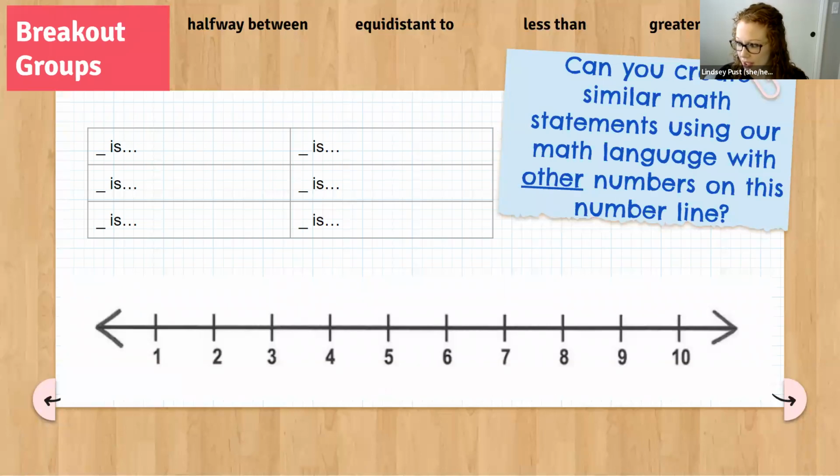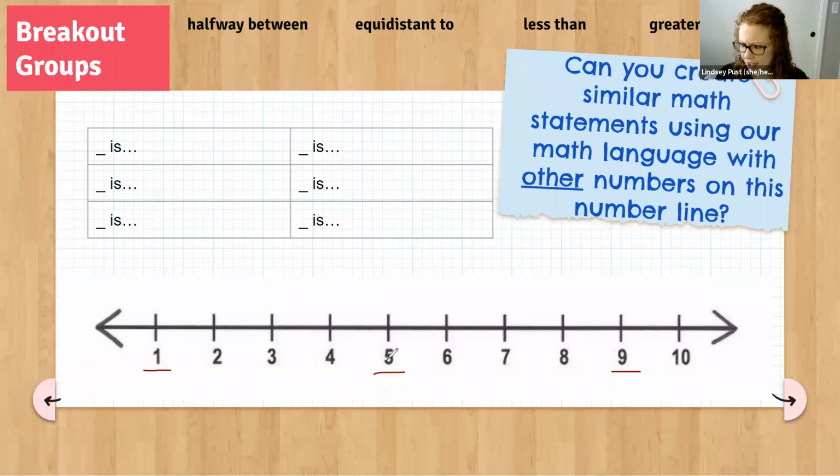Do people agree with that statement that Krista made, that 5 is equidistant from 1 and 9? How far away is 5 from 1? How many spaces? How many whole numbers? Our number line does not start at 0. Okay.